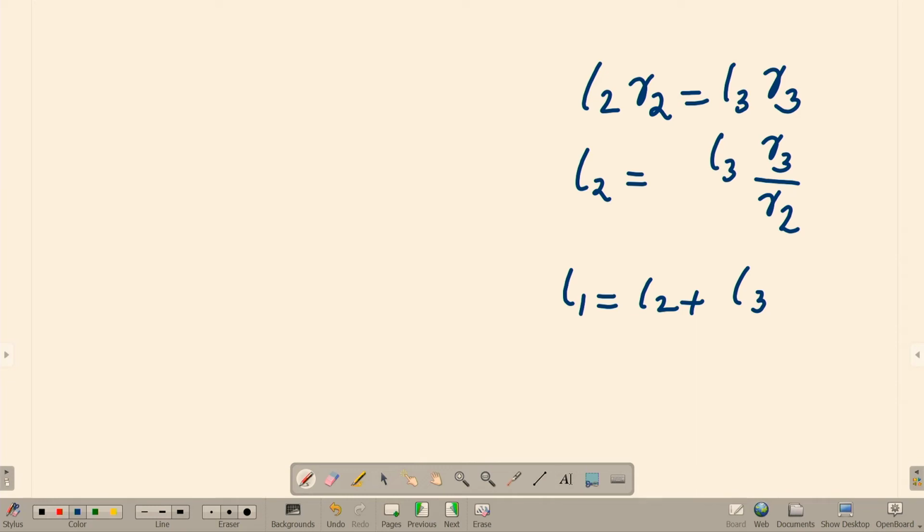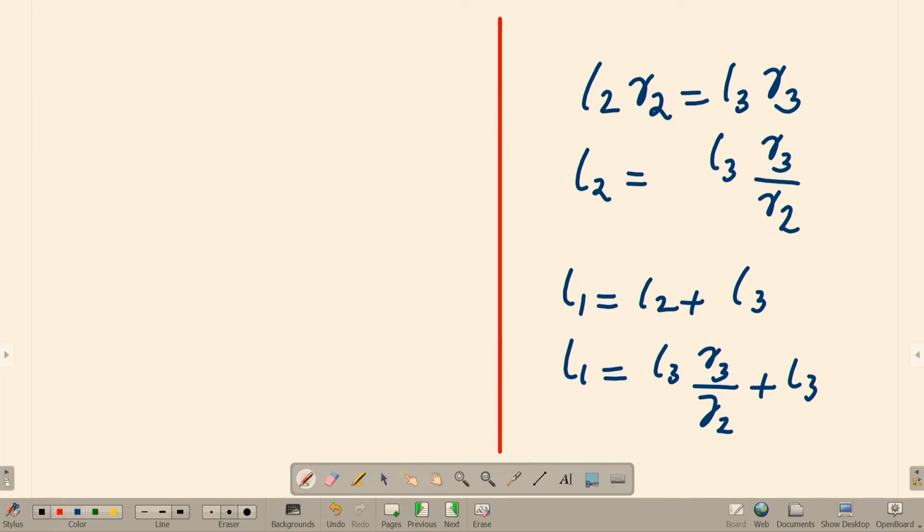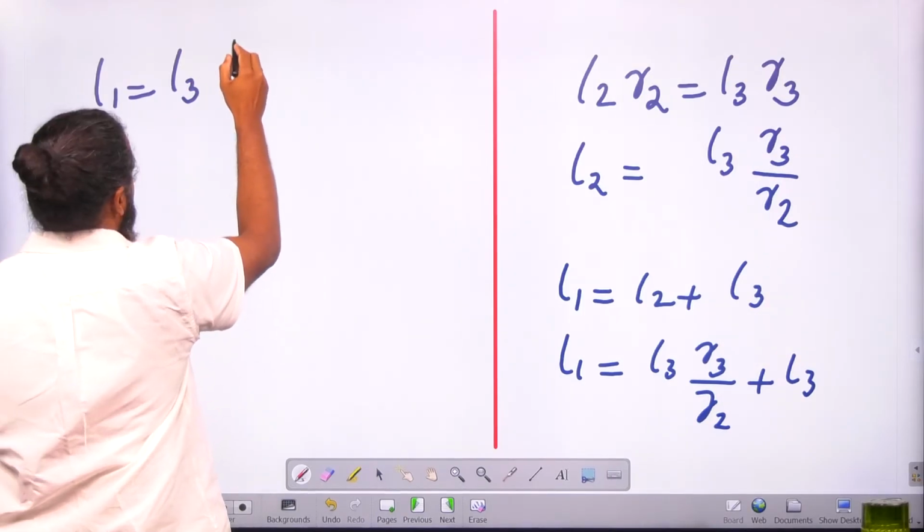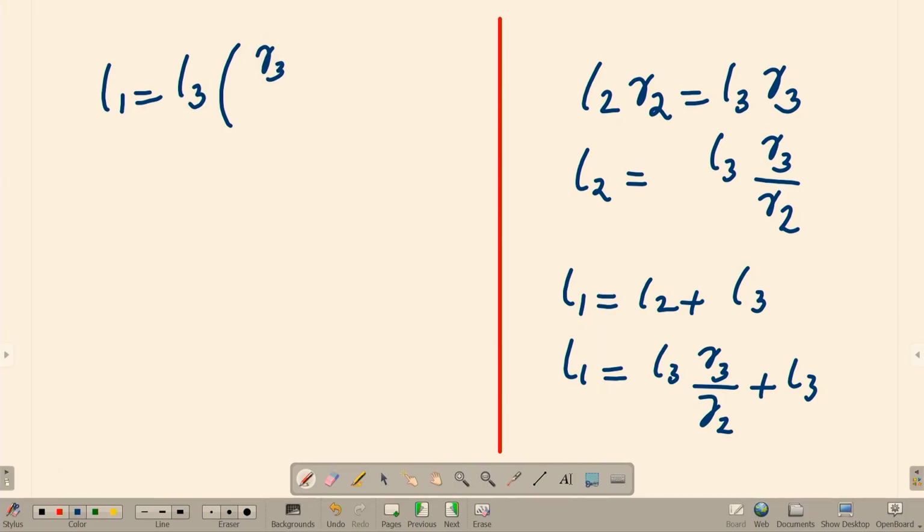We can substitute I2 here. So I1 is going to be equal to I3 multiplied by R3 divided by R2 plus I3. I can take I3 common here. So here I1 is going to be equal to I3 multiplied by R3 by R2 plus 1.